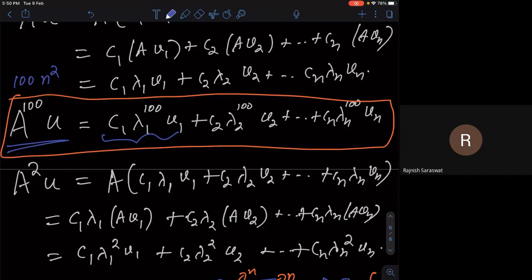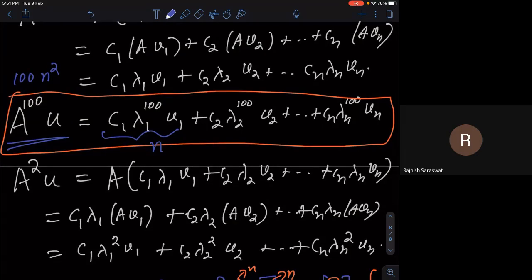Order of n. Okay, so what is wrong? Something is wrong in my argument.